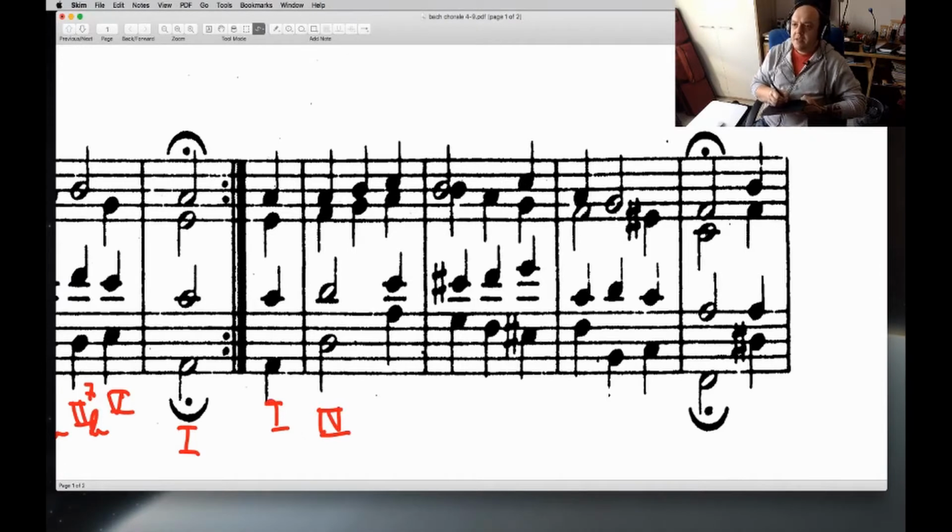Now bass and tenor get held, so that becomes chord 7 in second inversion. Chord 7 functioning as 5, 7, and it goes to 1.